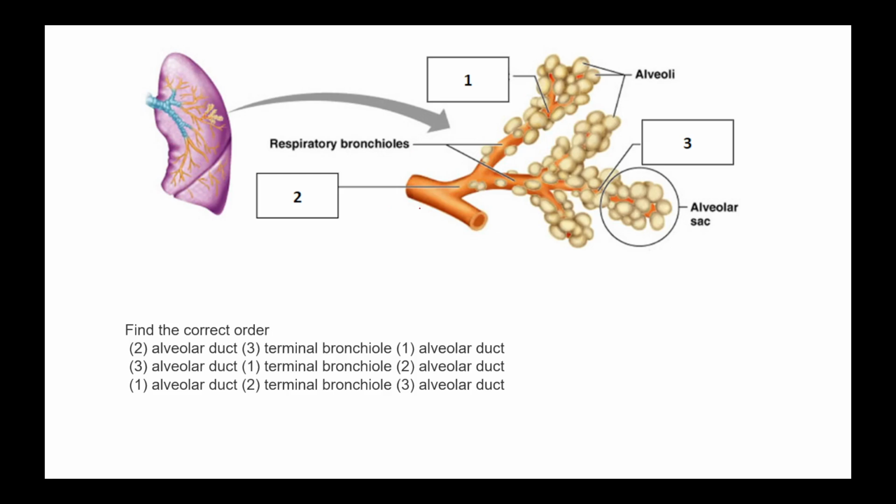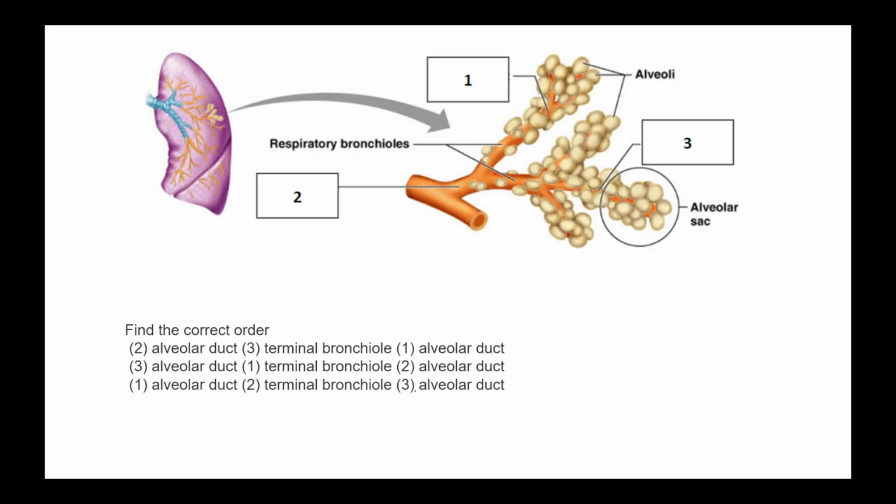After the terminal bronchiole, we have the respiratory bronchioles. Then the first one and also the third one are showing the alveolar ducts, because they possess the alveoli. So these are the alveolar ducts, first and third.